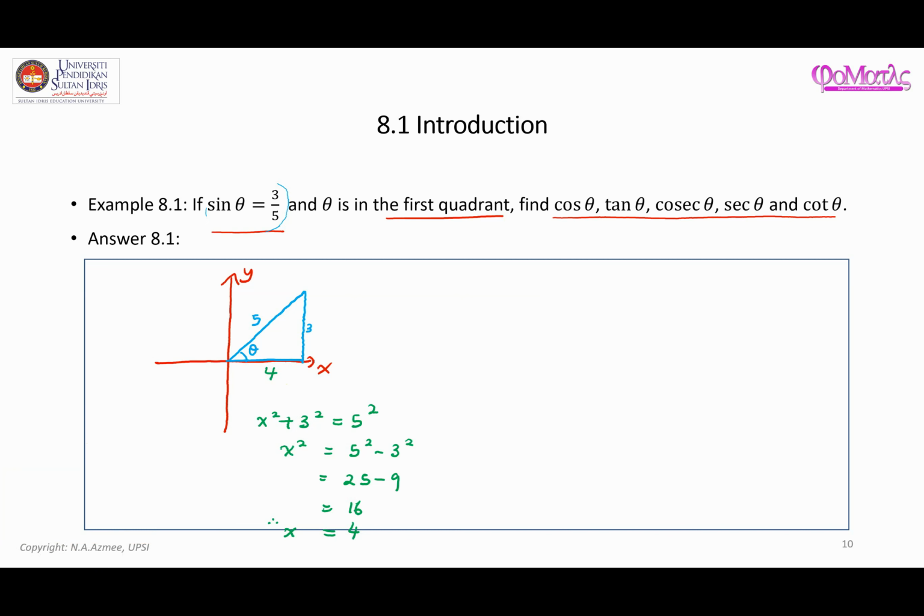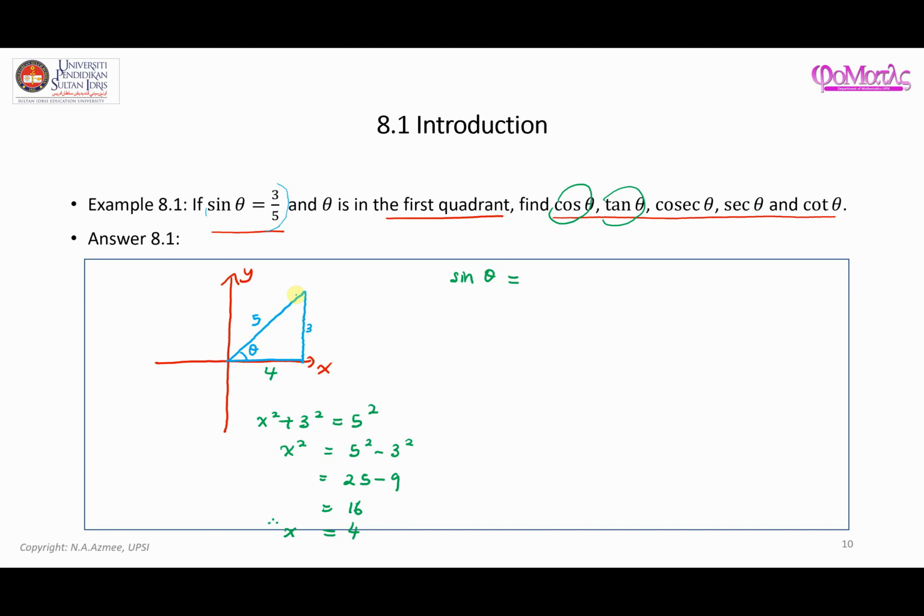Now we can go on and answer these questions. Sine of theta is equal to... y is in the positive direction, and x here is also in the positive direction.